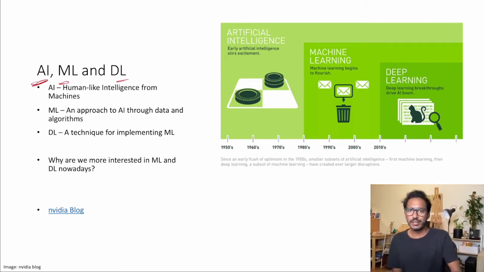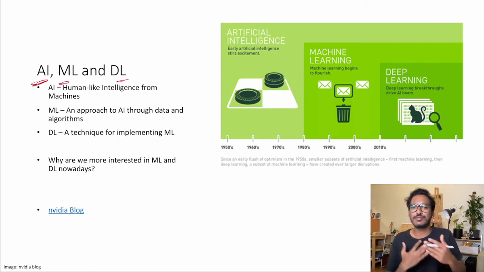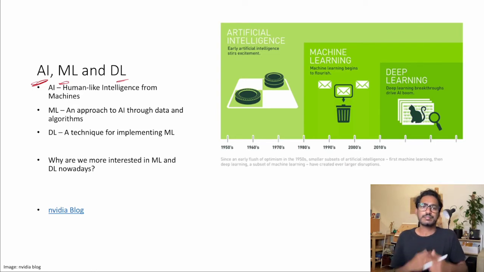While machine learning is specifically an approach to artificial intelligence through data and algorithms. We use data so that machines can learn. So there are specific forms of knowledge representation in there, specific forms of learning, and this is more with data, like data science and machine learning always go together.